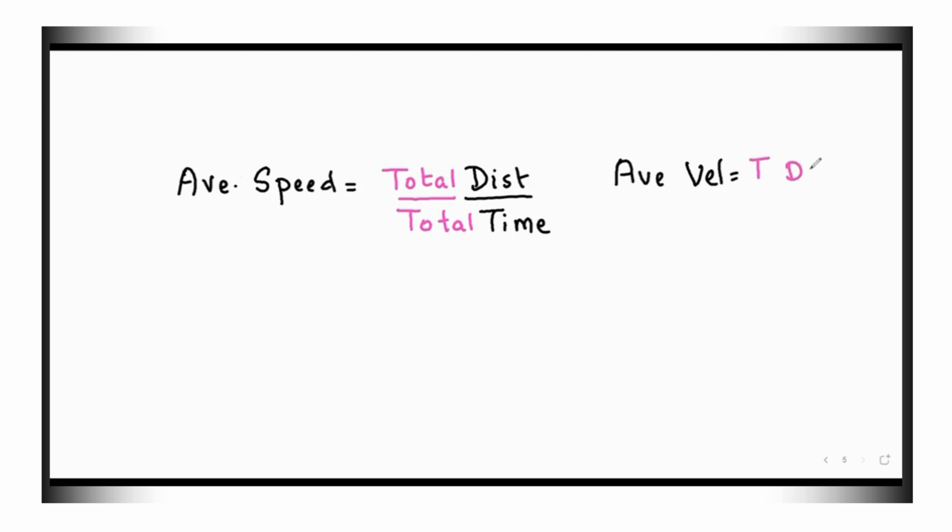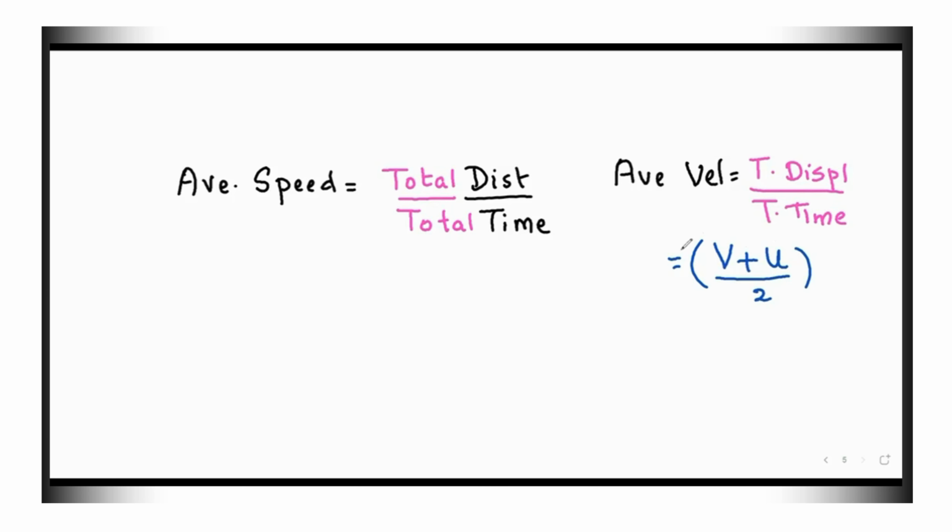And total displacement divided by total time, we call it as average velocity. But normally, since velocity has a direction, and if we have two fixed values of velocity, average velocity can also be calculated as average of initial velocity and final velocity, v plus u divided by 2.